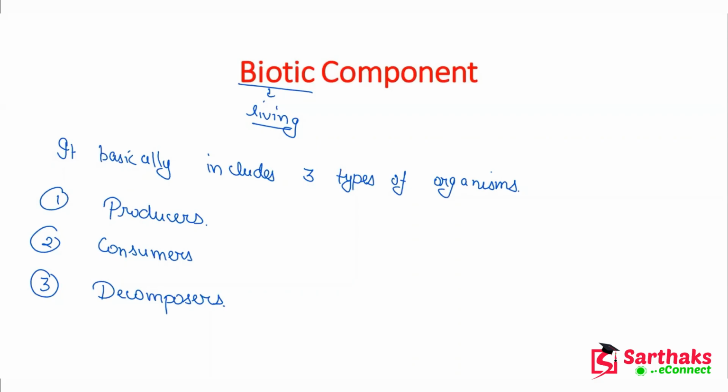You have studied all of them previously in smaller classes, so we are going to talk about them in detail now: what producers, consumers, and decomposers are, and how they make up the biotic component and the ecosystem.